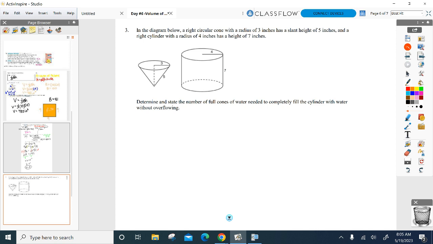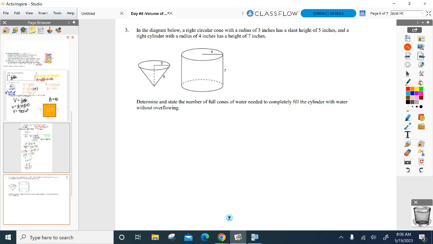How about this one's always a classic. All right, I got a cone and I got a cylinder. I want to fill that cone with as many cups of water as I can to fill the cylinder so it won't overflow. How many cups am I going to need? First, how do I know this is volume other than it's a volume day?